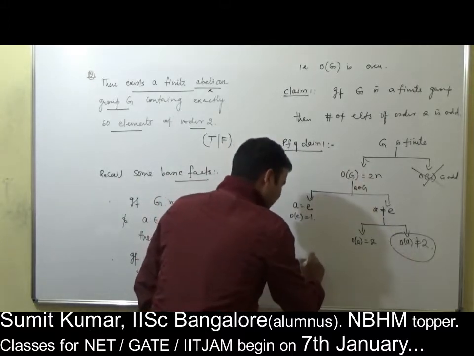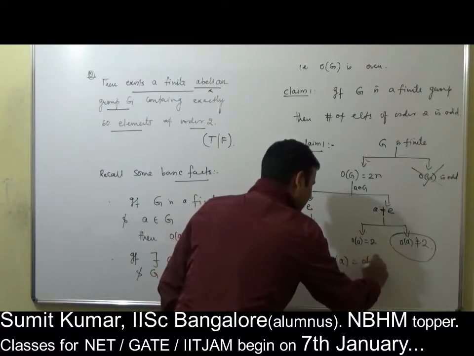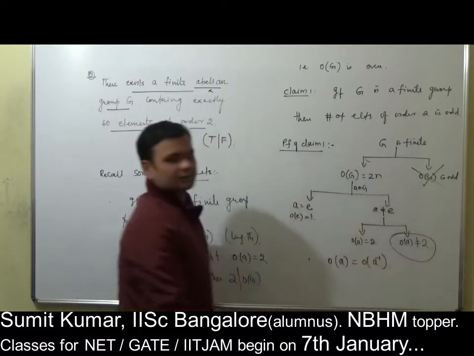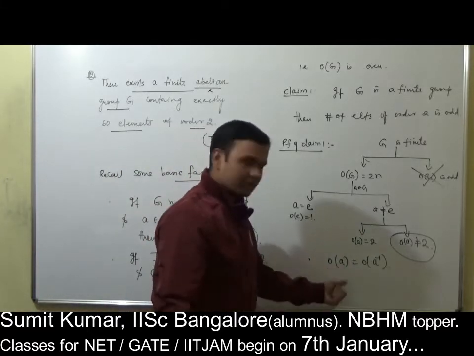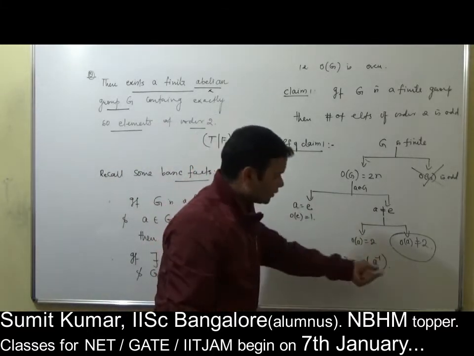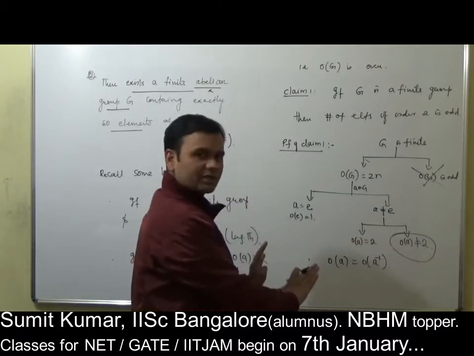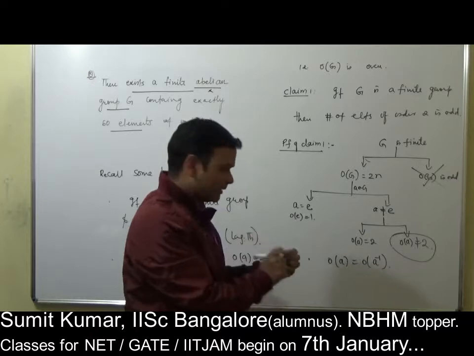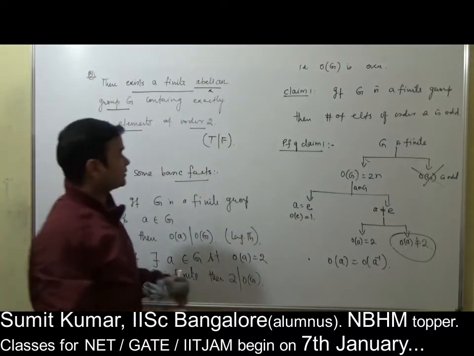To prove this claim, recall one basic fact again: the order of a is always the order of a inverse. So simple, so elementary. If the order of a is, suppose, 10, then the order of a inverse is also 10. Just prove it. Go through the definition of order. What do you mean by the order of an element? Go through it, compute it. So simple.